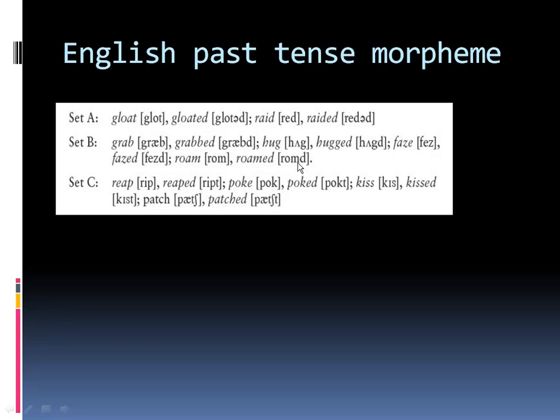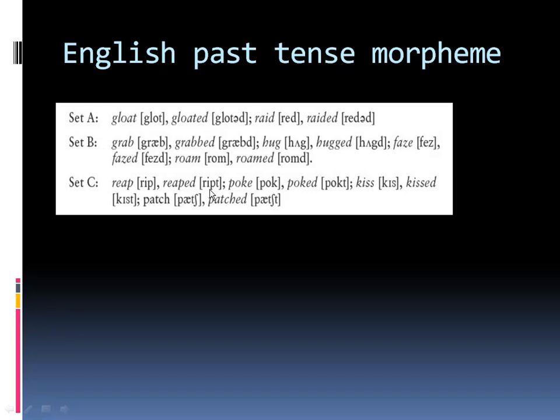Roam, roamed. How about here? Reap, reaped. Whoa, that sounds different. Poke, poked. Kiss, kissed. Patch, patched. Okay, I'm enunciating so they sound a little odd. But notice that all the endings here are d, d, d, and here too, d, with the exception of schwa insertion, of course.